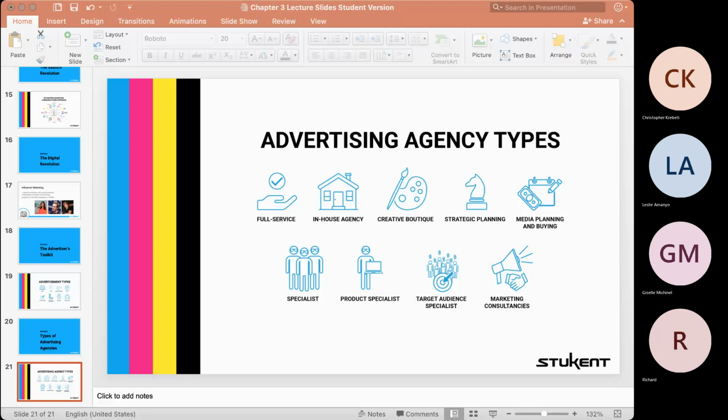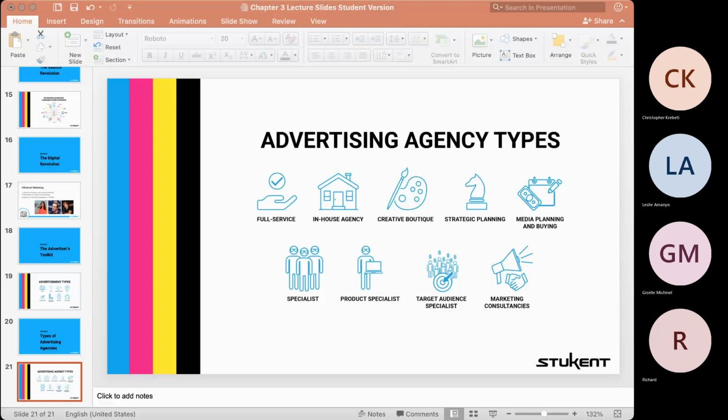Then we have the target audience specialist agencies. There are those who, for instance, will say, okay, we only market for African Americans or African communities or multinational advertising agencies like Translation. We have Hispanic agencies like the Community.